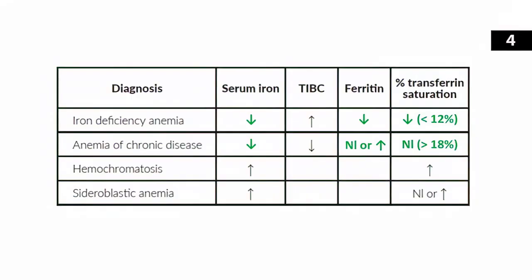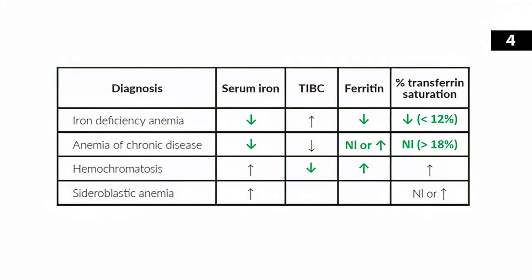Now, what do these iron studies look like in hemochromatosis? Well, hemochromatosis is where you have a lot of iron stored up. You have too much iron in the body. So serum iron will be elevated. TIBC and transferrin will be low because the transferrin is basically saturated. There's too much iron, so your body's not making more transferrin. Ferritin will be elevated. If you have normal ferritin, you can pretty much rule out hemochromatosis.